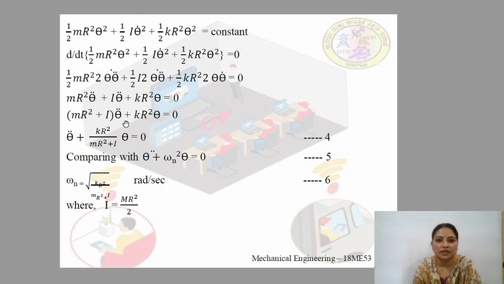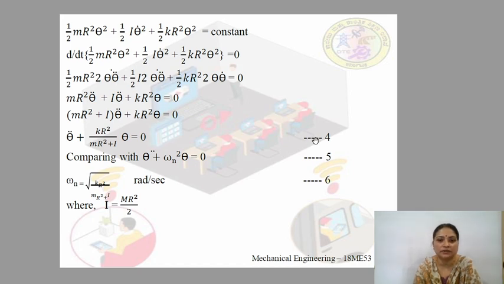Here, theta double dot is retained and the whole equation is divided by m r square plus I. So the equation can be written in this form, that is theta double dot plus k r square divided by (m r square plus I) into theta is equal to 0. Let us call this equation number 4.